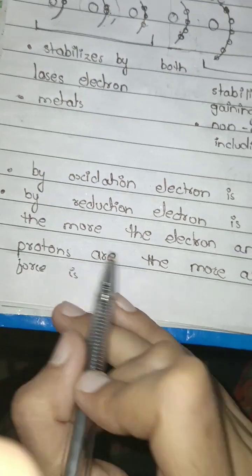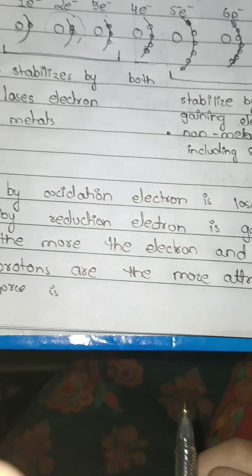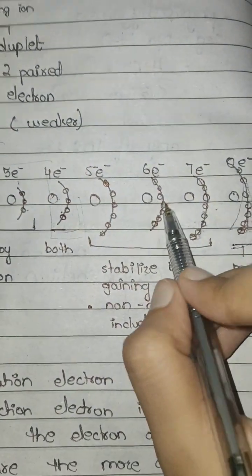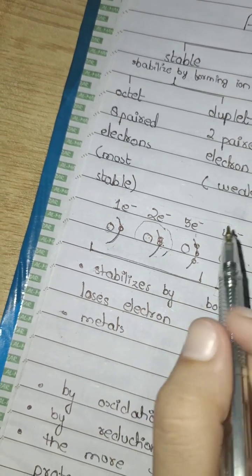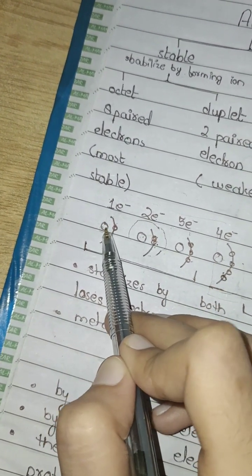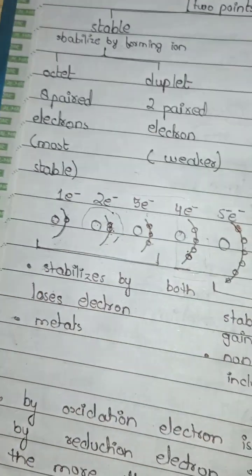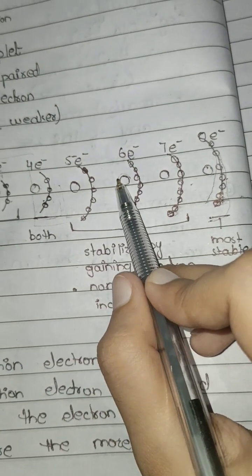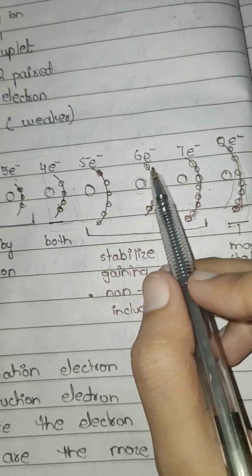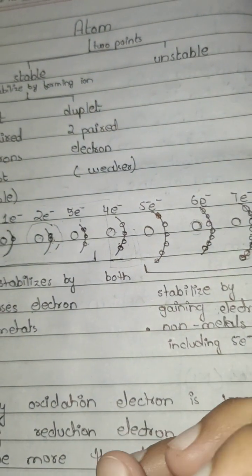Now here's the third point: the more electrons and protons there are, the more the attraction force is. Now why does this one gain electrons and why does this one lose electrons? The answer is simple. It has less force because the electrons are only 1 or only 3, and the other will gain electrons because the electrostatic force is more, and it will attract the electrons towards itself.